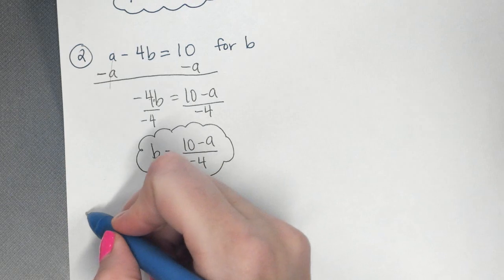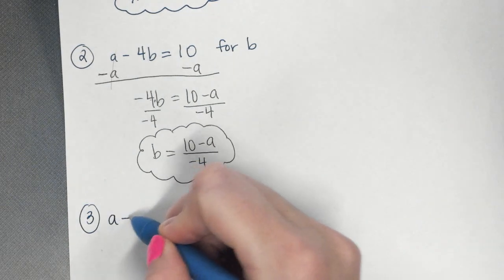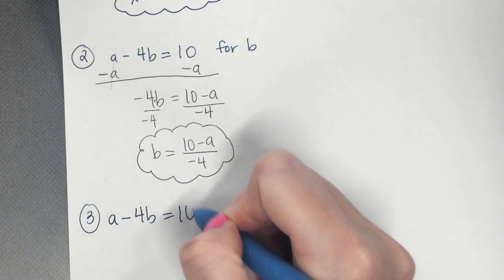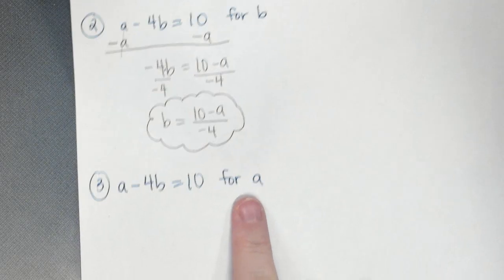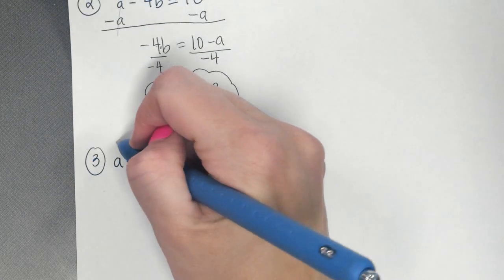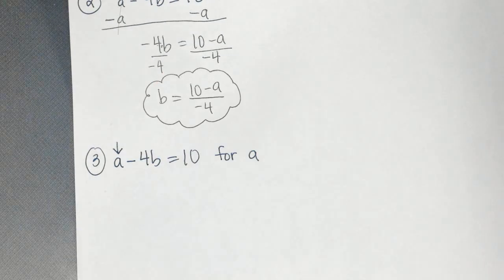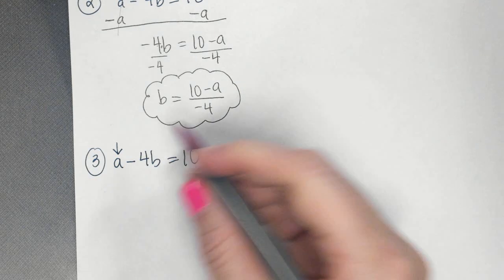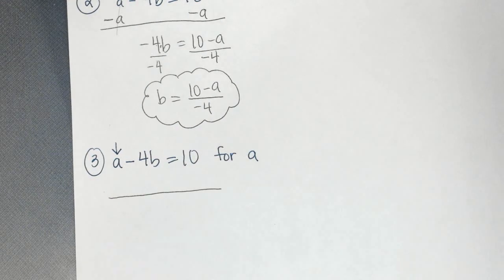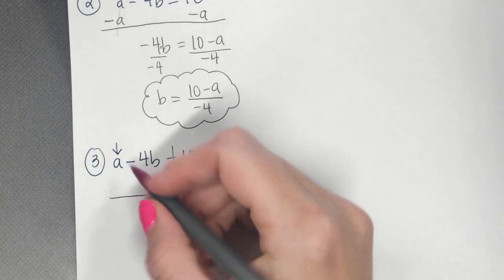Now for number 3, you have a minus 4b equals 10 again, but this time it's solving for 4a. So if it's 4a, what do you have to move over? The negative 4b. How do I move that over? Add it.